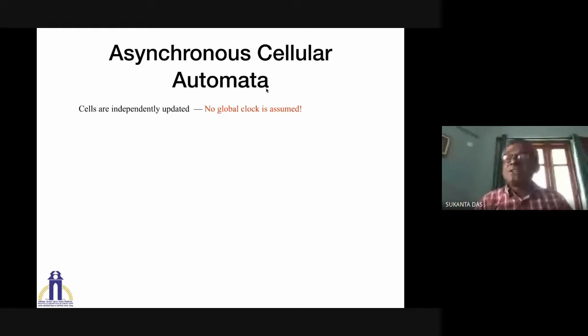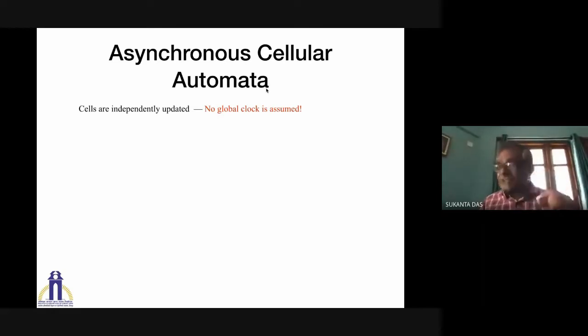What is the meaning of update? Cell update means an action taken by a cell. And what is the meaning of independence? I'm saying you act whenever you want to act, and if you don't want to act, do not act. You remain silent. That kind of independence we want to allow. Why are we doing so?